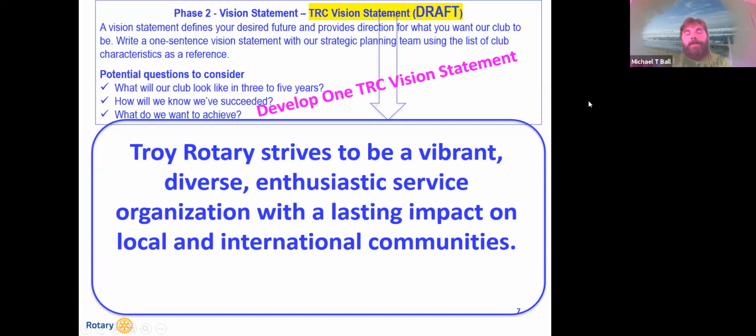I just throw that out there because when we think local, we truly think Troy and the immediate surrounding areas. We help out in Pontiac with the, I'm forgetting the name, Hope Warming Center. But if we want to include that, I'm just throwing that out for discussion real quick.